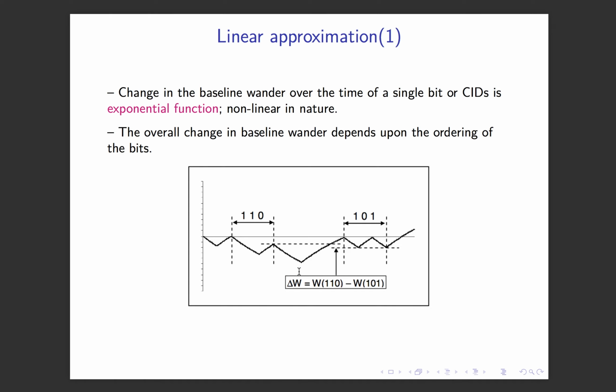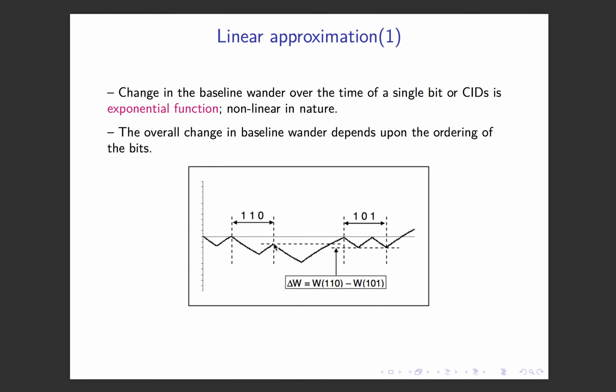So here we will do some approximations. Here we have seen in the figure D something interesting. This is a substring 110 and this is a substring 101. The number of ones and zeros in both strings is the same: two ones and one zero. But look, the wandering is not the same.